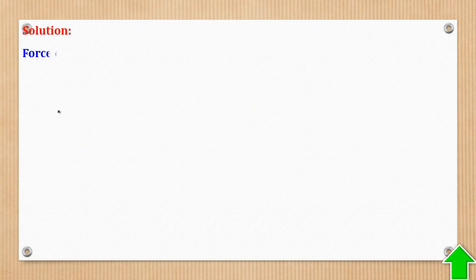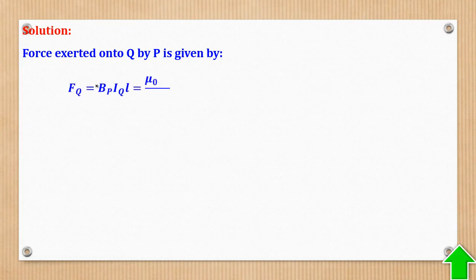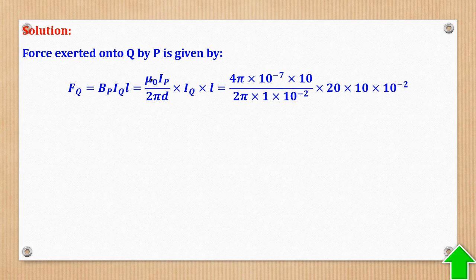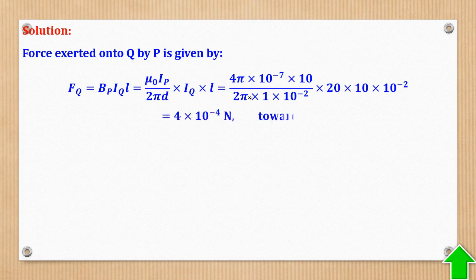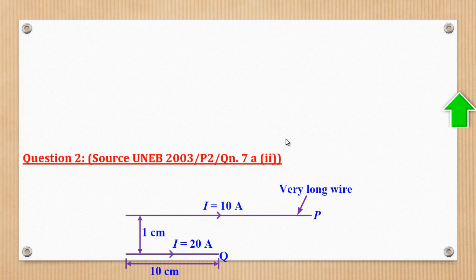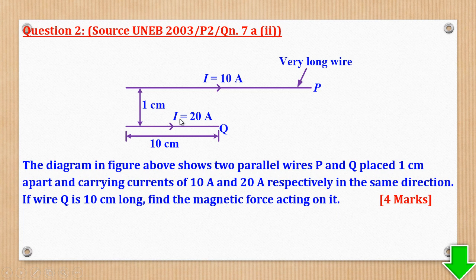So the force exerted on Q by P will be given by this, BIL, so mu I L over 2 pi d. And that is the force. It is towards P because, let us first see, was it in the same direction or opposite? It was the same direction. Same direction means attraction. That's why we are saying towards P.